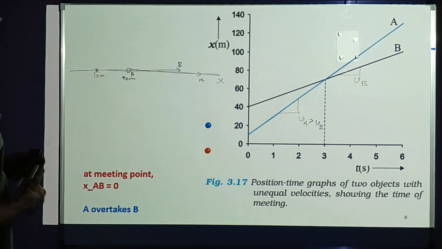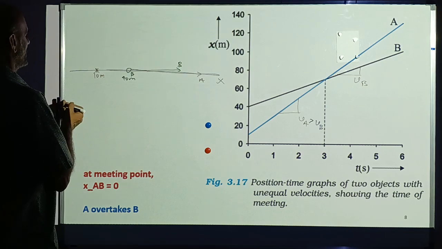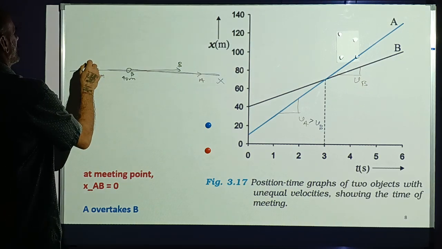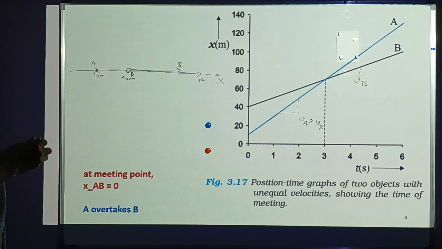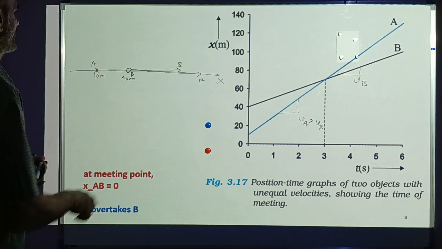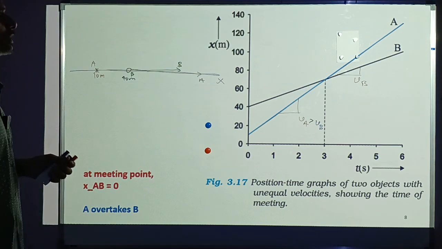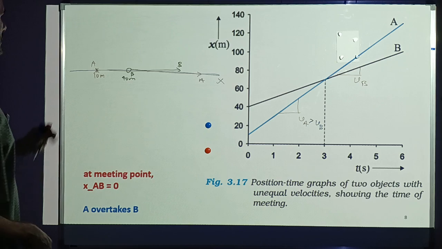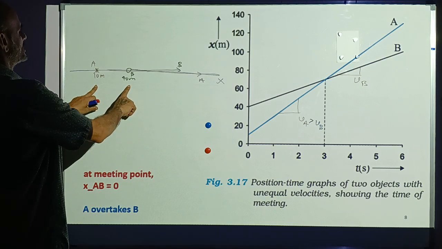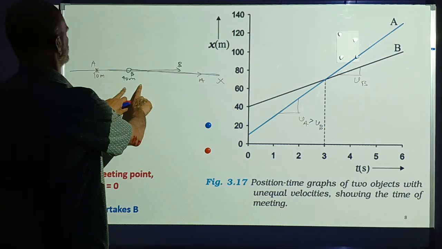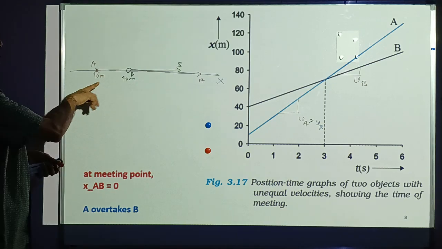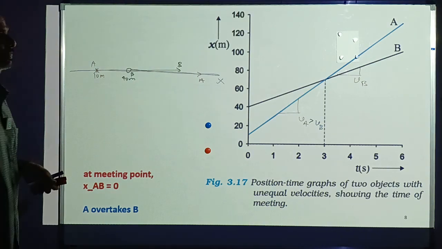But A is starting behind and B is ahead, but the velocity of A is more. So we can expect at some stage A will overtake B. Even though A is starting behind and B is ahead, B is moving slowly. This one is moving fast. So at some stage we can expect A to overtake B.